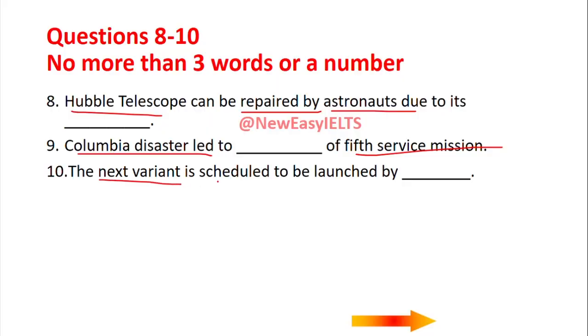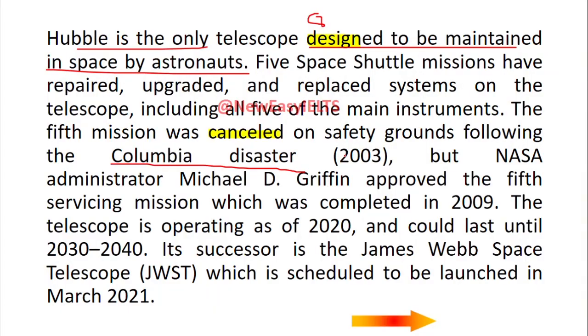Now the last question. The next variant is scheduled to be launched by a dash. The next variant of what? We are talking about the Hubble telescope. So the next variant or successor of the Hubble telescope. We have already read till here, but we do not find anything related to its successor or its variant.